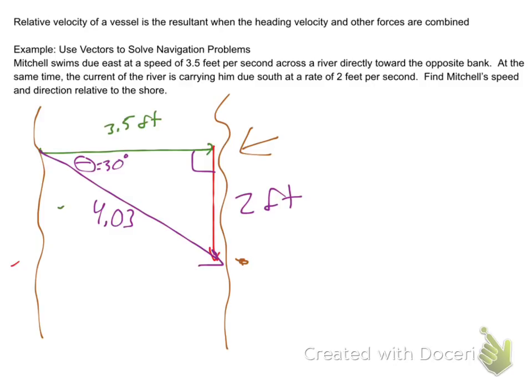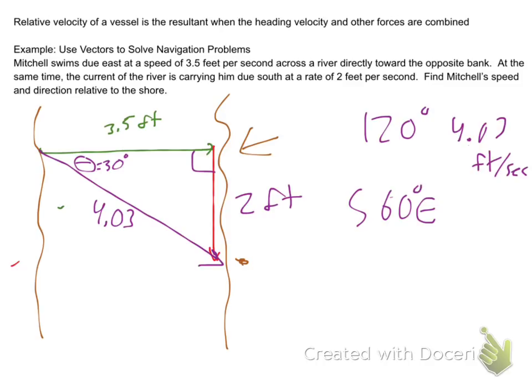The true bearing should start up at our north side right here, which means 90 plus the 30, which would actually be 120 degrees at 4.03 feet per second. Or could I do south 60 degrees east at 4.03 feet per second? Both of those work. I'm going to end there.